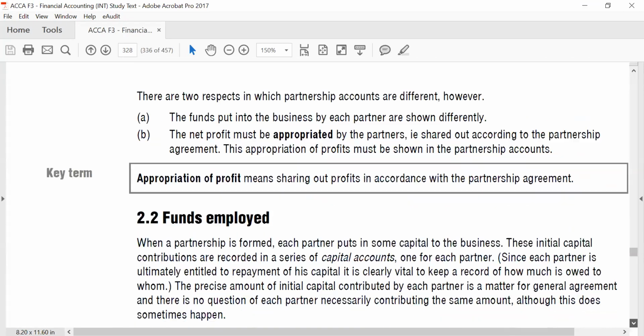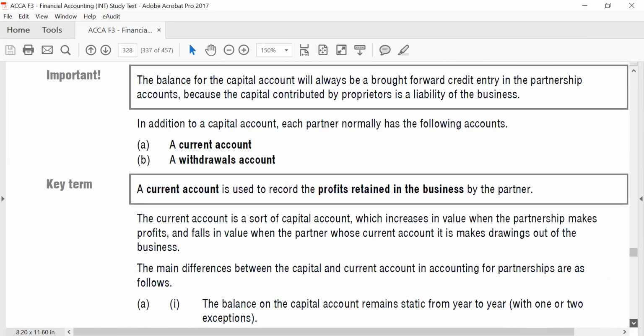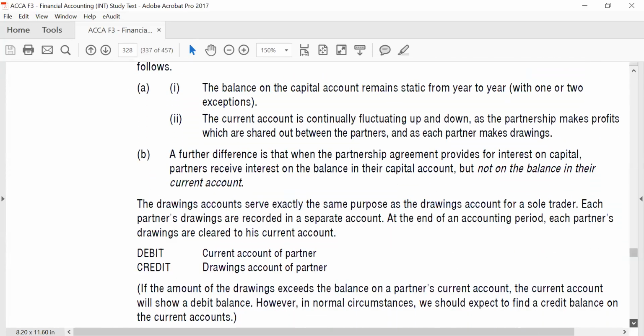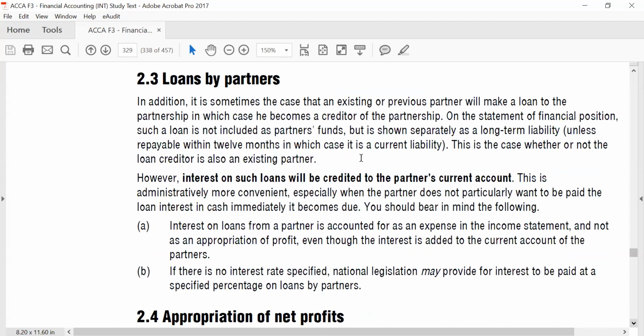So here we have our so-called loan interest. They also provided us loans by partners here. They told us something here again that we need to take into consideration.